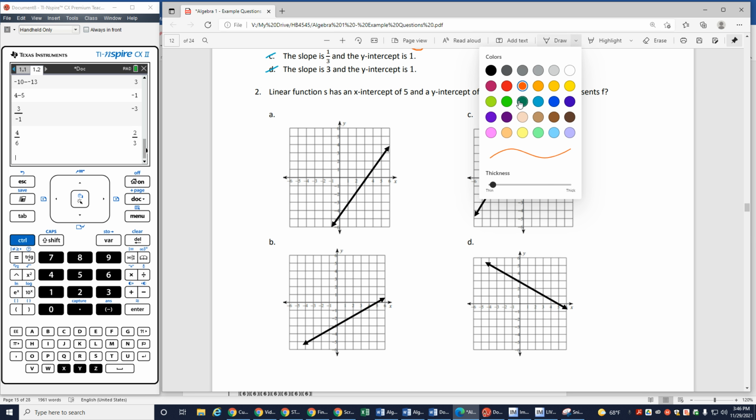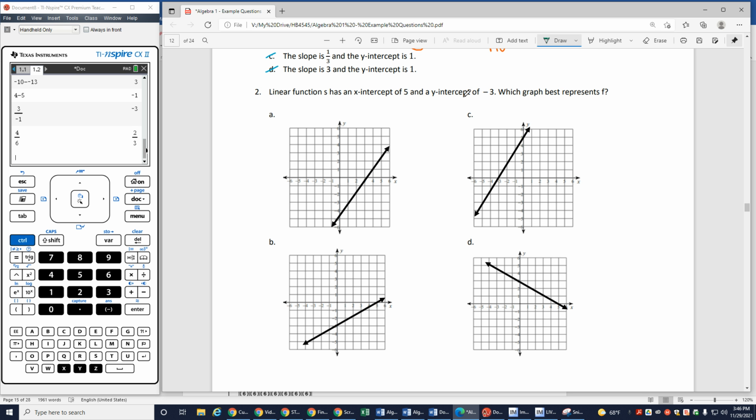Okay, so when I look at this one, I'm going to have an x-intercept of 5. So when I look at my x-axis, that's going to be my horizontal axis.